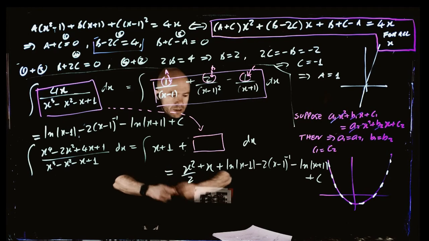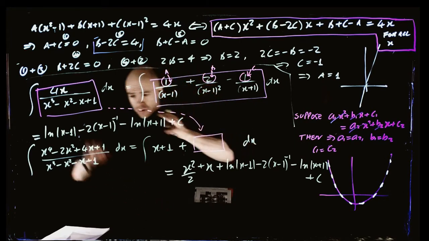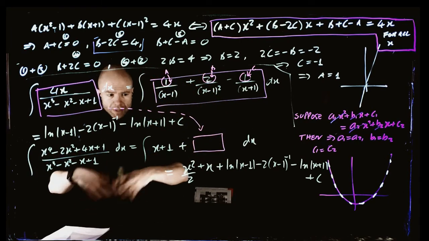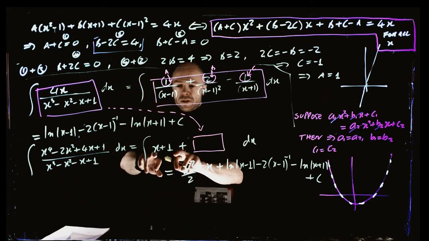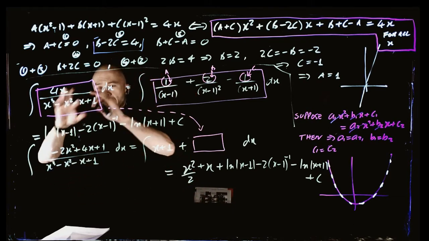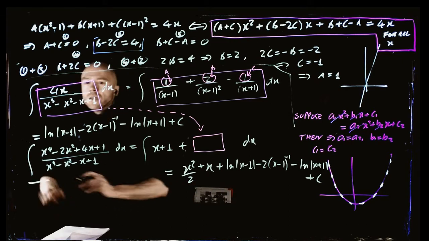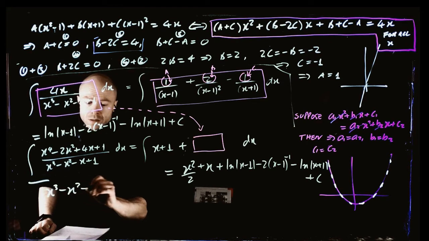Okay, cool. All right, let's recap the steps. First step, we saw this thing wasn't proper. So we did long division to get it into the sum of just a polynomial plus this proper rational function. Good. This proper rational function, we messed around with this guy. We had to understand what form it was in.